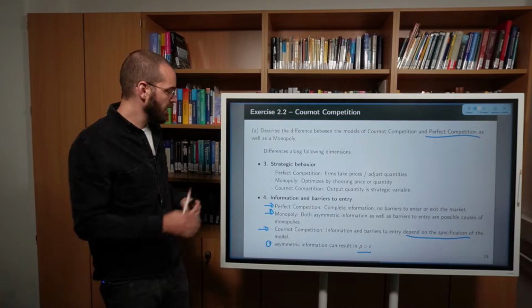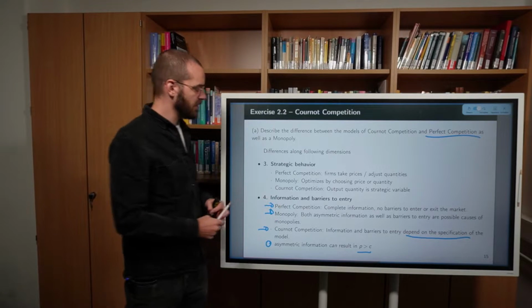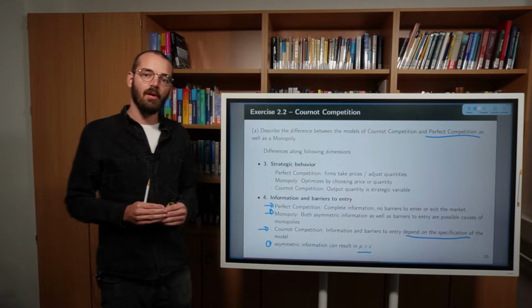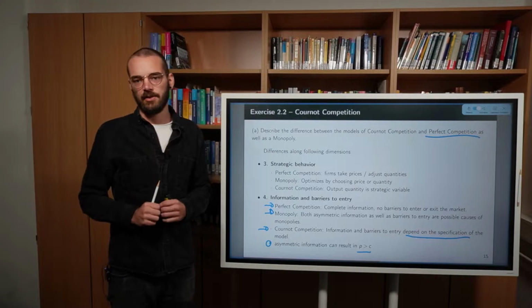All right. So in general, information asymmetries and barriers to entry can be drivers of increased profit margins.